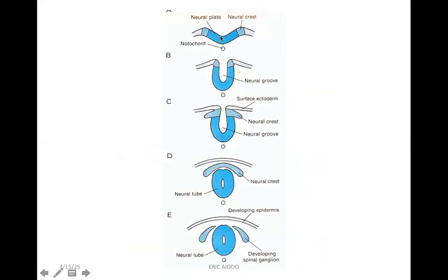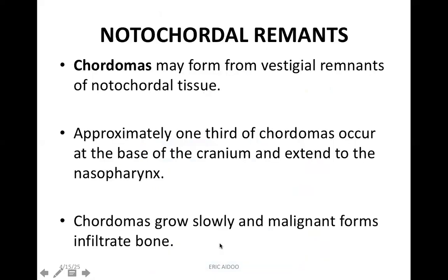So this is also a flow chart showing how the process continues. So that's neural plate, neural crest, neural groove, surface ectoderm, neural crest, and this will be neural tube, neural crest, developing epidermis, and then there you go, you form your neural tube complete.